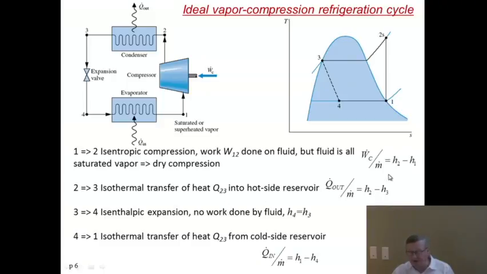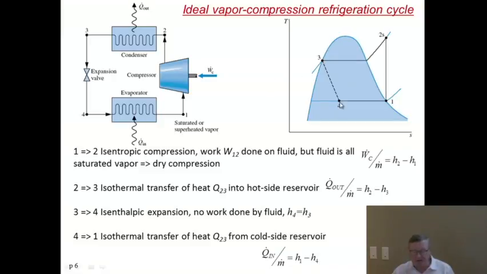So if we make the count of our enthalpies, the compression work required is going to be H2 minus H1. The heat exchanged on the hot side in the condenser is going to be H2 minus H3. That's here. An expansion valve is just an isenthalpic transformation, constant enthalpy.